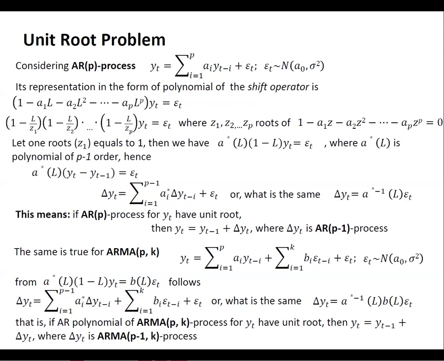This decrease in the order of the process is empirically very important. Here we theoretically showed that there is a decrease in the order of the process. That is, if there is a unit root, this process turns into a process of order p minus 1, but on the first differences.